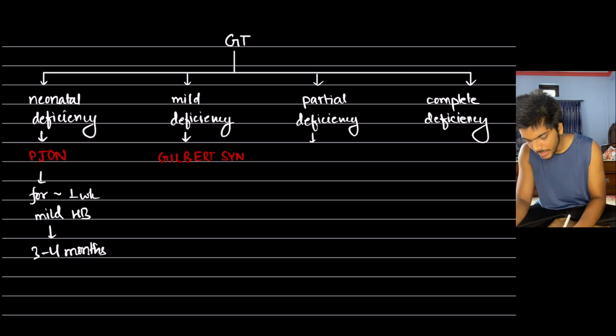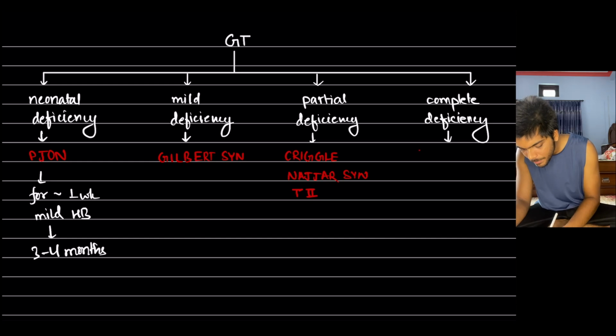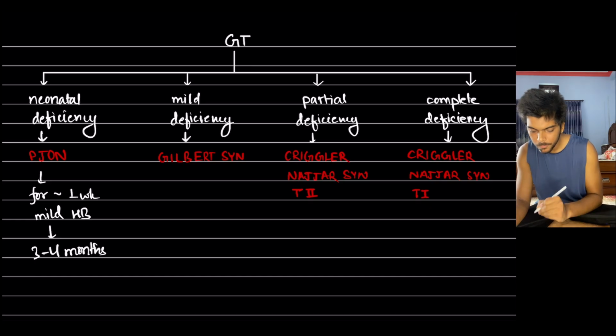Partial deficiency is Crigler-Najjar syndrome type 2, and complete deficiency is Crigler-Najjar syndrome type 1.